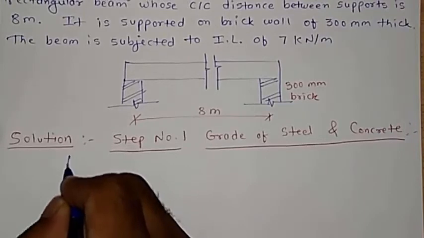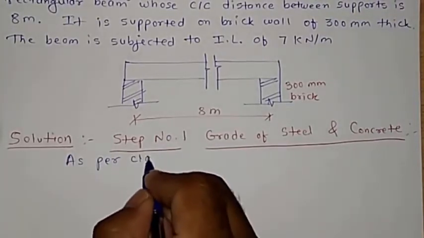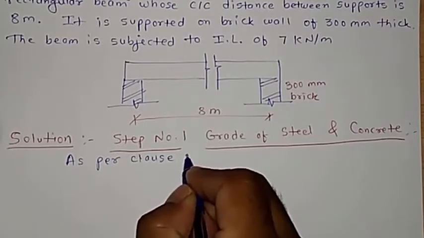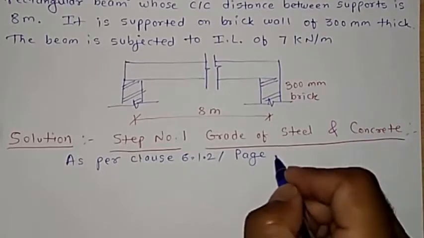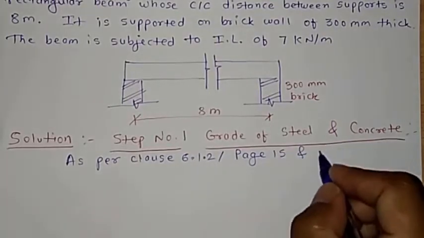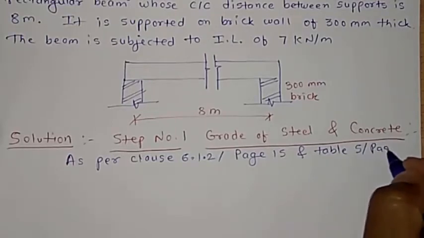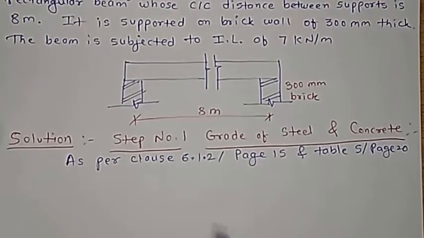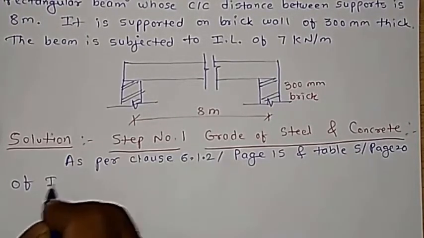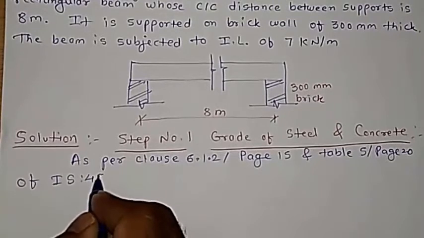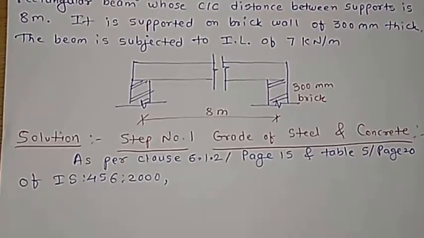So therefore, as per clause 6.1.2, page 15 and table 5, page 20, this is from IS 456 2000.